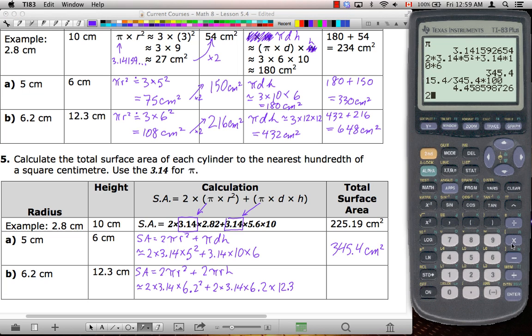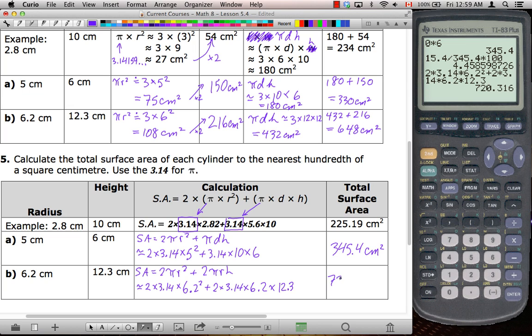And so doing that, 2 times 3.14 times 6.2 squared plus 2 times 3.14 times 6.2 times 12.3. And this gives us 720.316 centimeters squared.